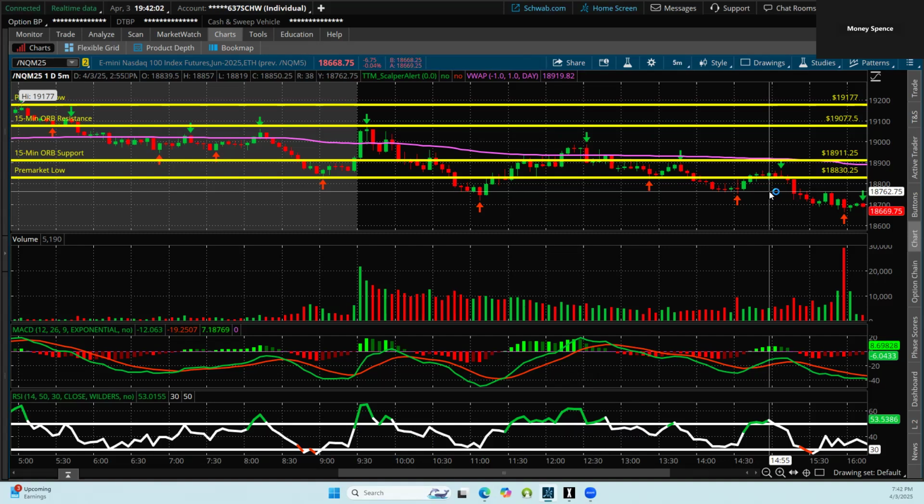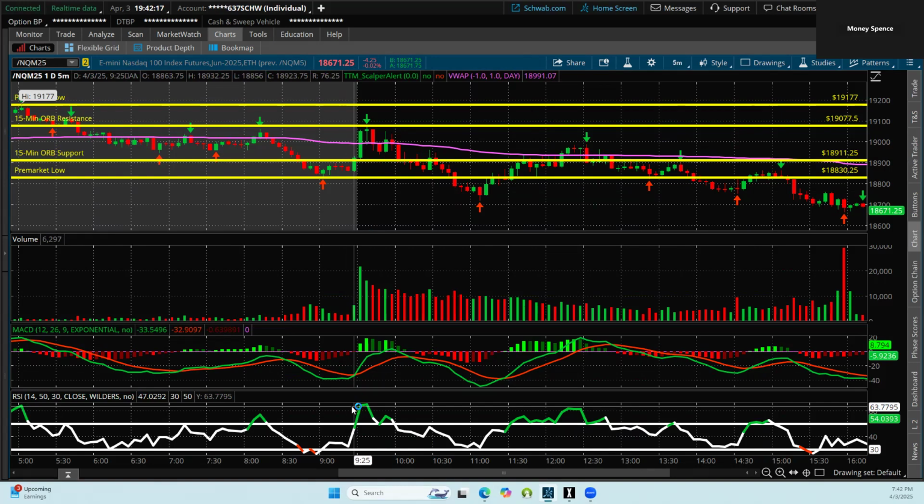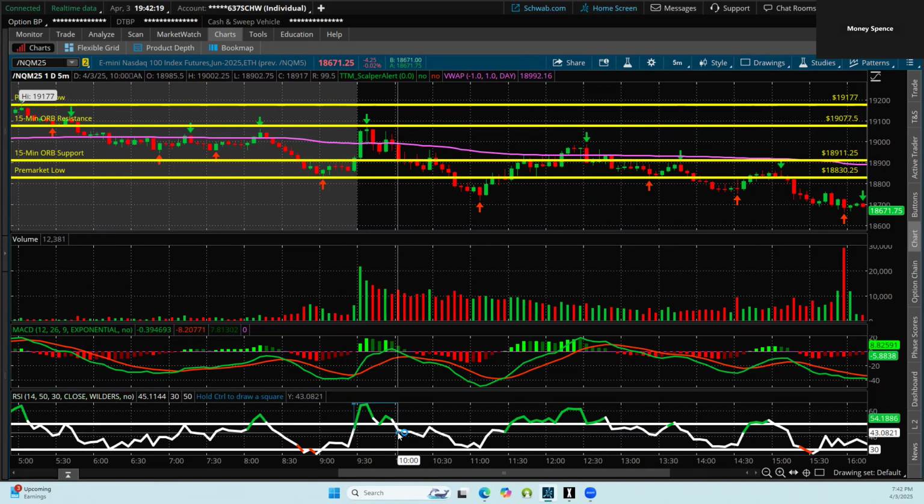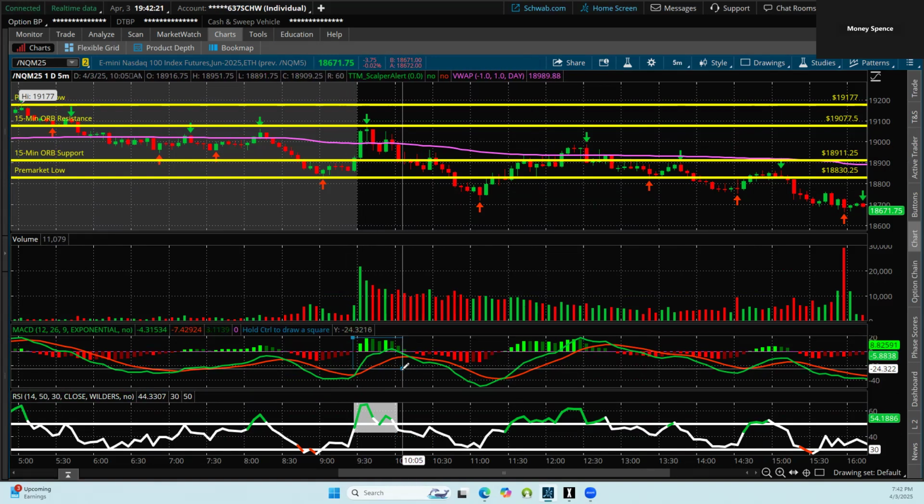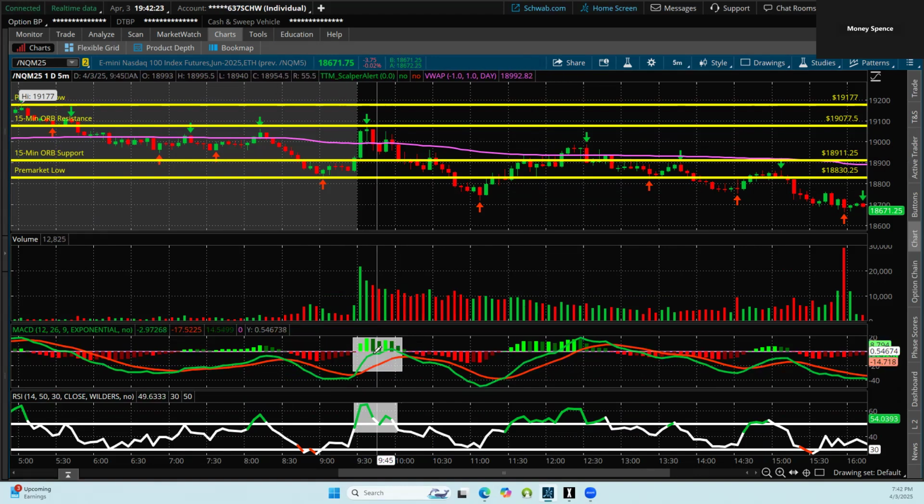You want to enter a trade when price breaks above the high of the first 15-minute candle, or you want to enter below support when we start breaking below that support level. And you also want to check your RSI, and check your MACD to confirm the trend.